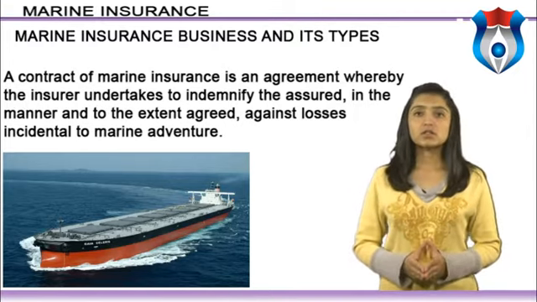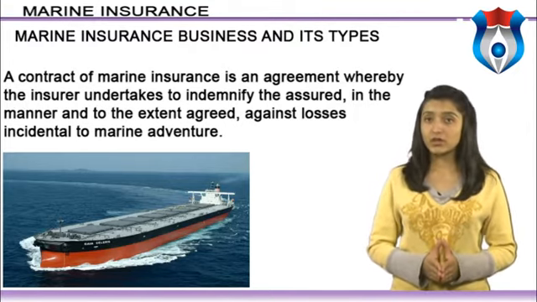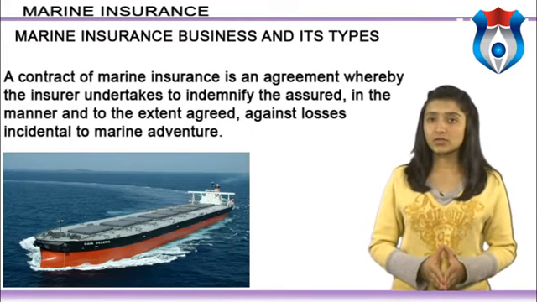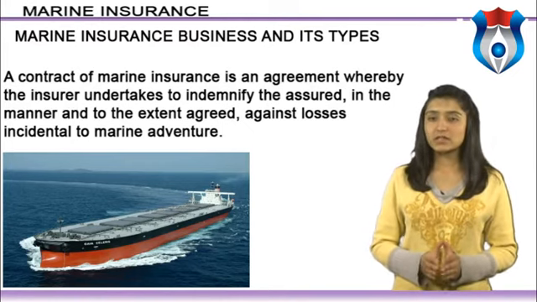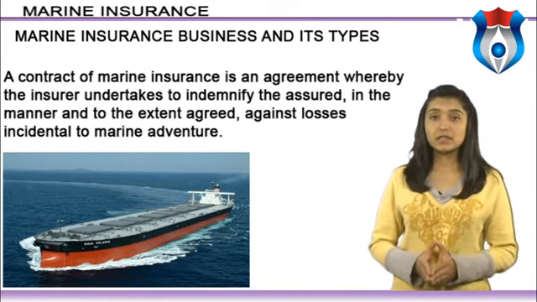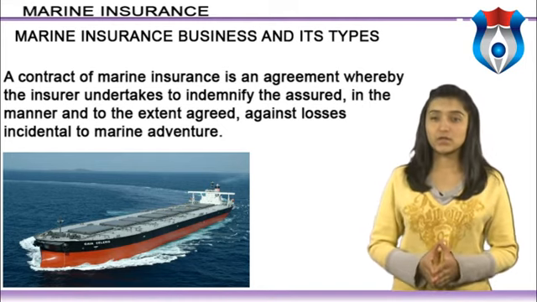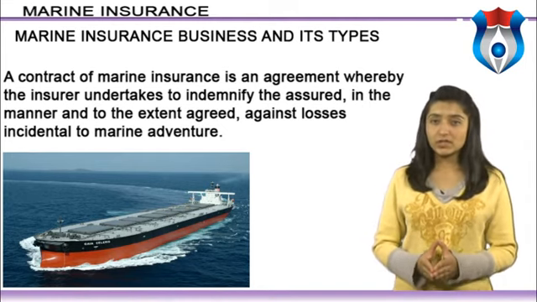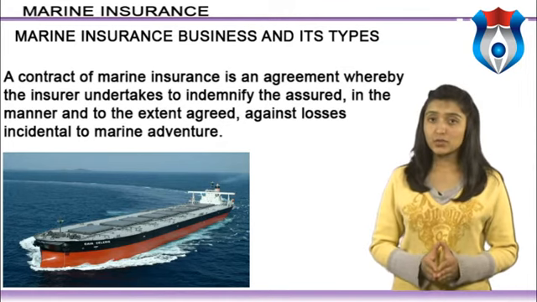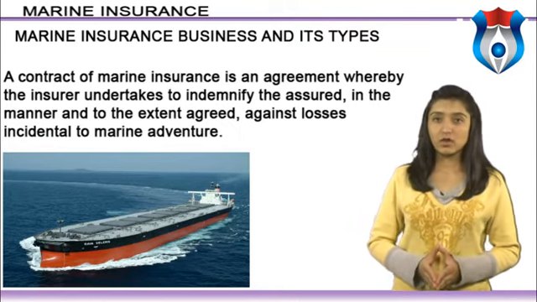Let us talk about marine insurance business and its types. A contract of marine insurance is an agreement whereby the insurer undertakes to indemnify the assured in the manner and to the extent agreed against losses incidental to marine adventure. There is a marine adventure when any insurable property is exposed to maritime perils, that is, perils consequent to navigation of the sea.